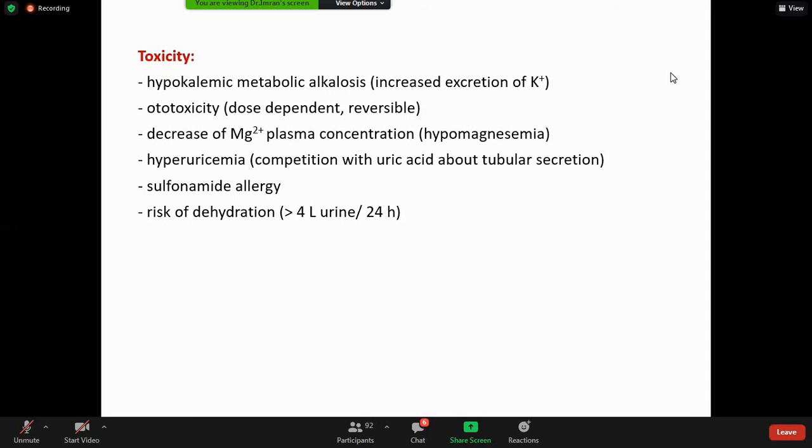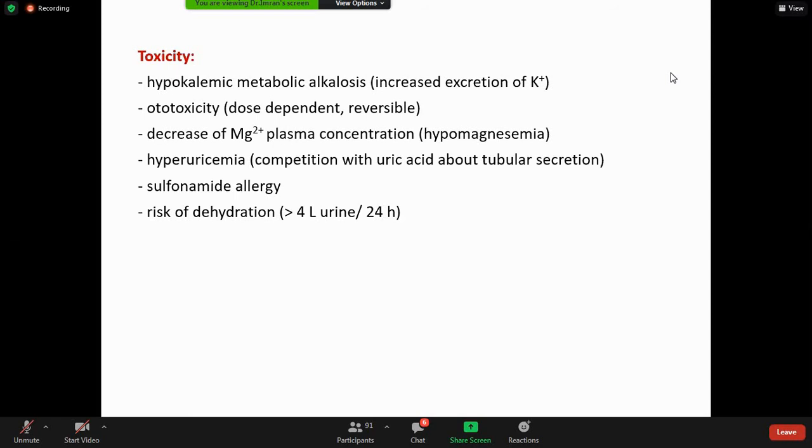So this is the general mechanism. If a patient has a sulfur or sulfonamide allergy, it is better to avoid these drugs in that patient. It is supposed to be a powerful diuretic, with increased chances of dehydration. A point may come to your mind: if this is the most powerful diuretic, then why do we generally use thiazide diuretics commonly?